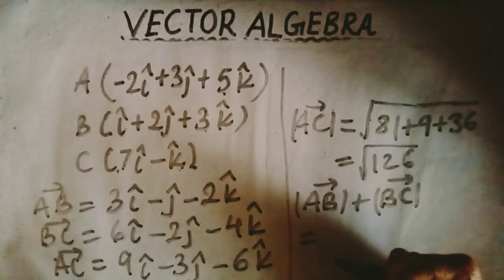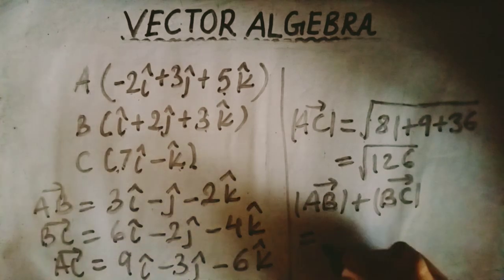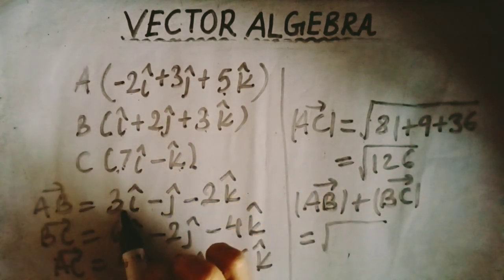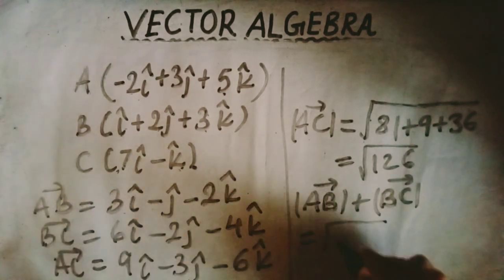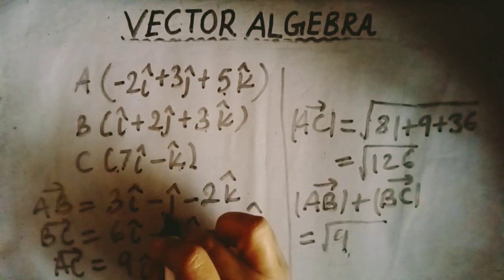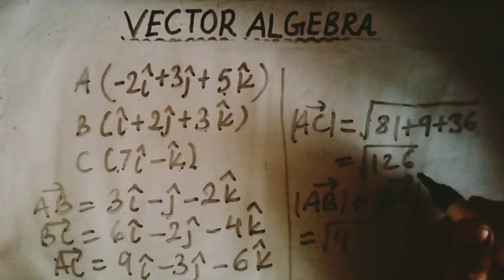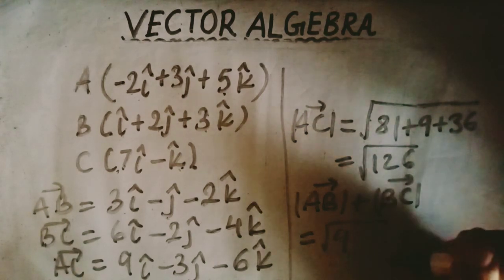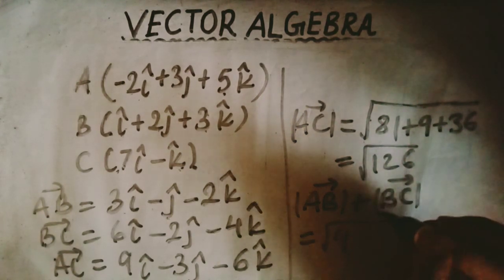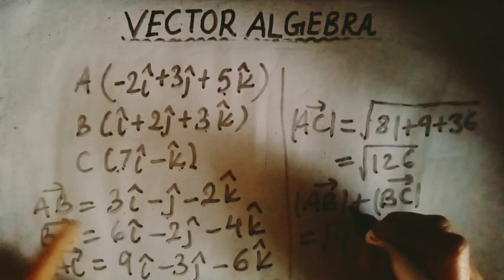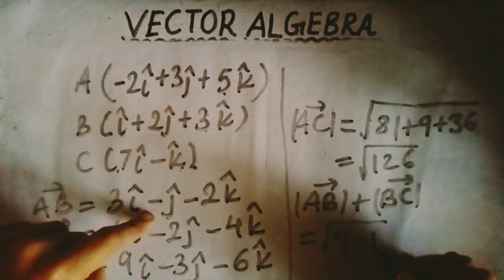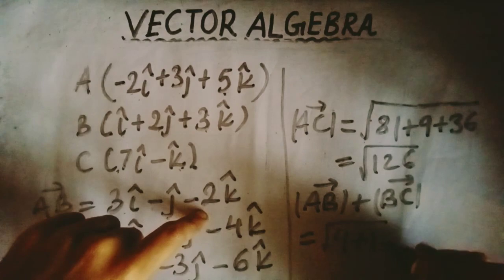Mod of AB is 3 square 9, 1 plus 1 plus 4.